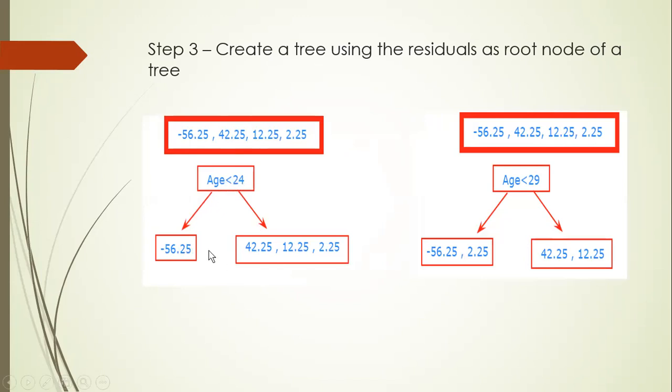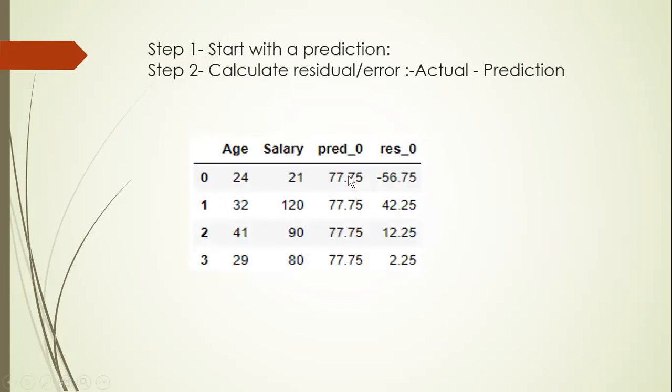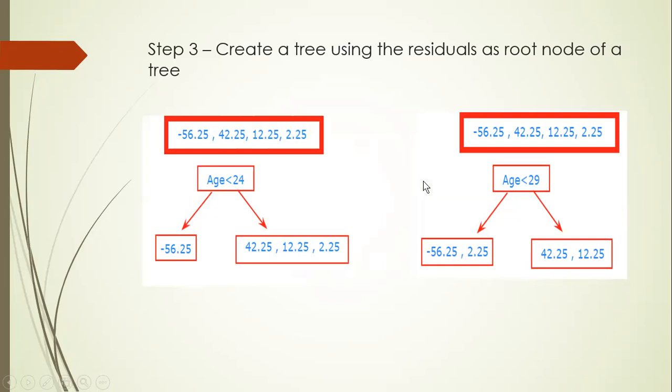For age 24, the node comes out like this: if it is age 24, it will go this way, and if greater than 24, it will go here. For 29 also, if I have two data points, 24 and 29, it is 2.5 and minus 56.75. If it is less than 29, it will go here.